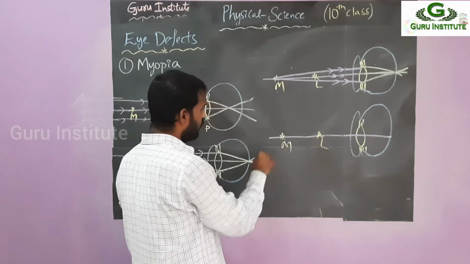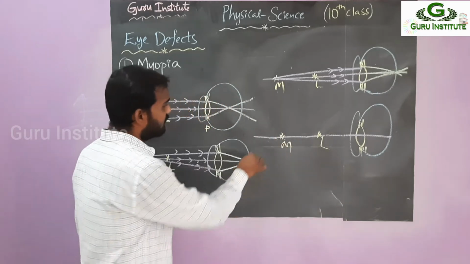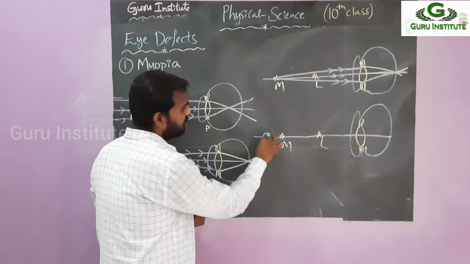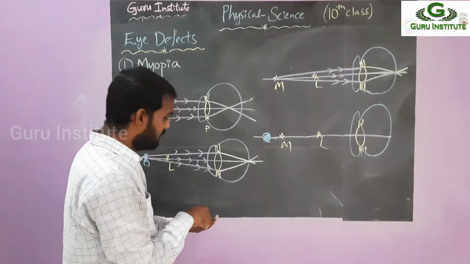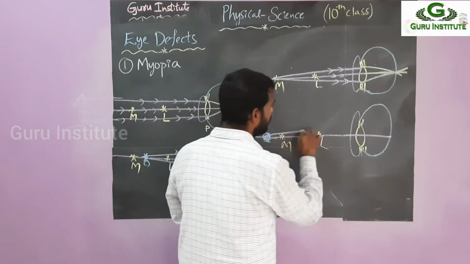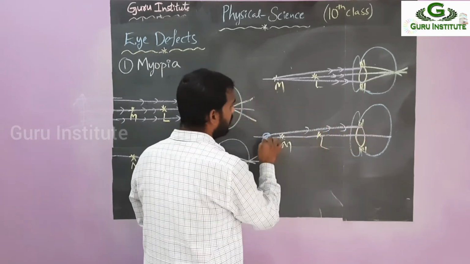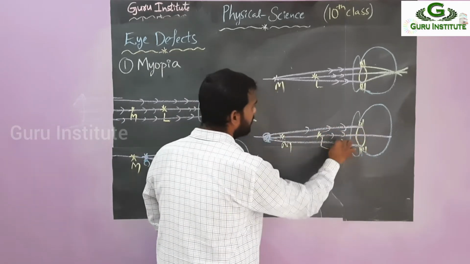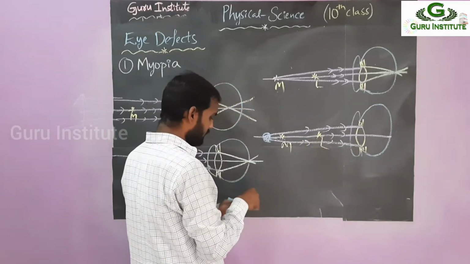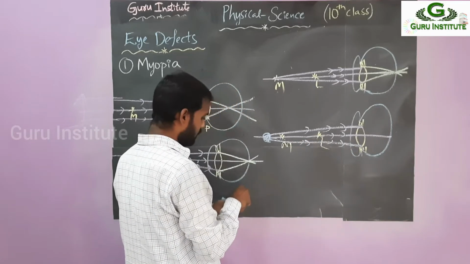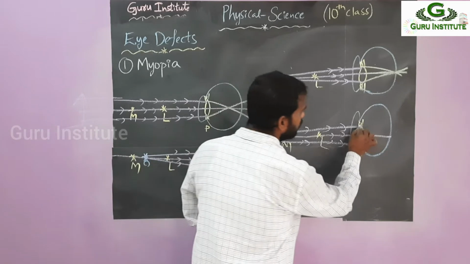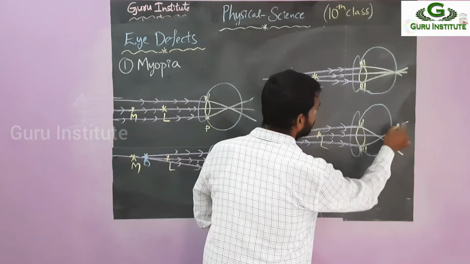Right. Now I am taking the object after M as a point object. Then what will happen? The rays again like this only. First ray, the middle one is the second ray, and this is the third ray. Then what will happen? These will meet. How will they meet? We have to see. So they are meeting like this.